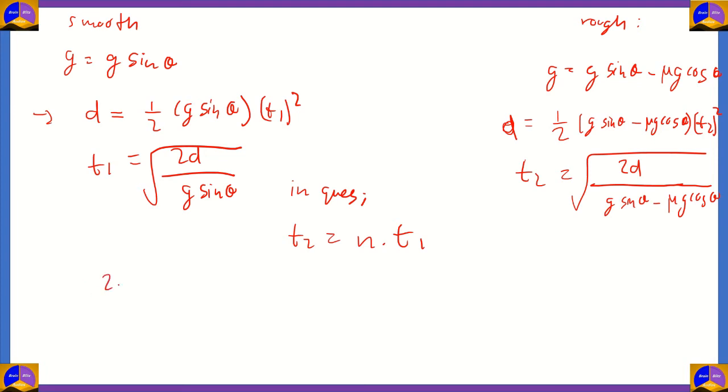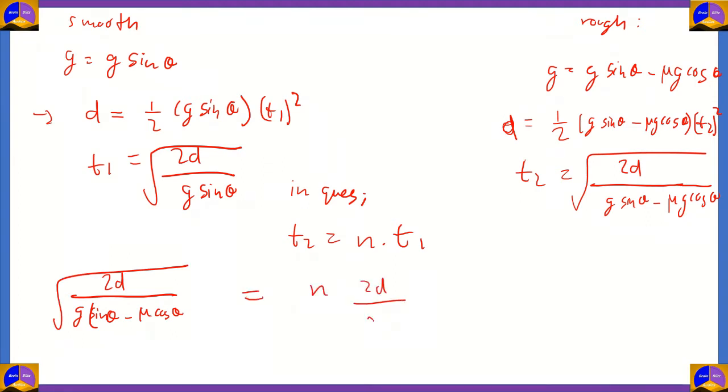So therefore under root of 2d divided by g, and then you take the bracket out, sine theta minus mu cos theta, the whole root, equals n times under root of 2d divided by g sine theta. So over here you can cancel out 2d even though it's inside the root, and you can cancel out the g, which is common.